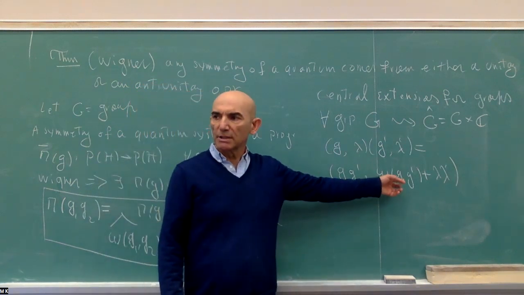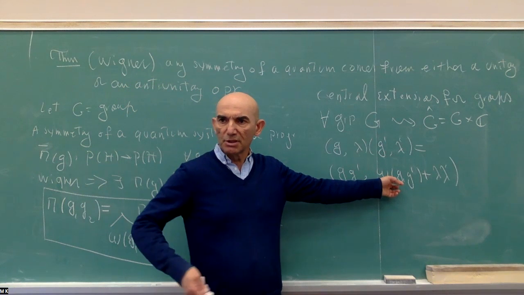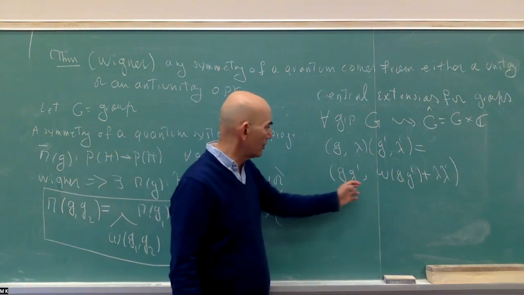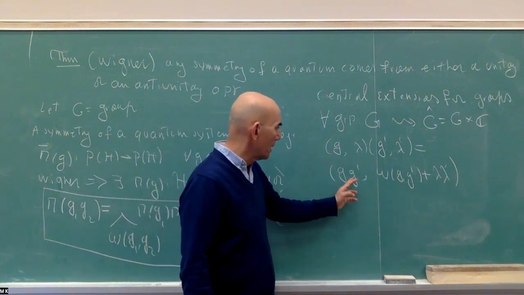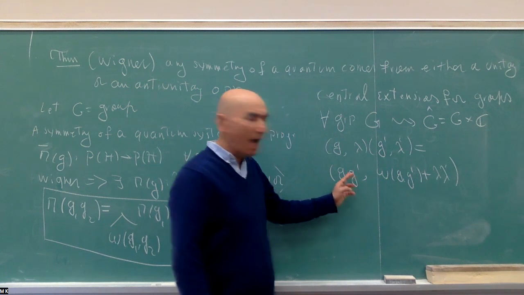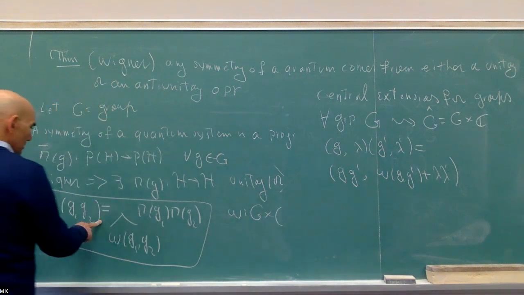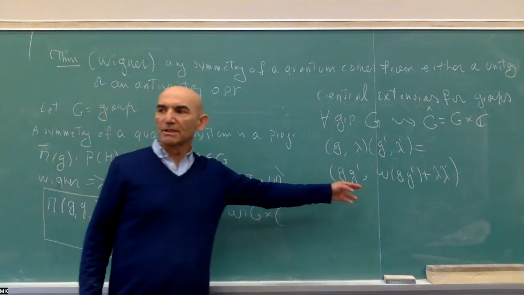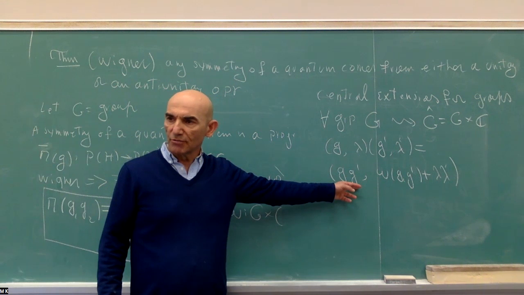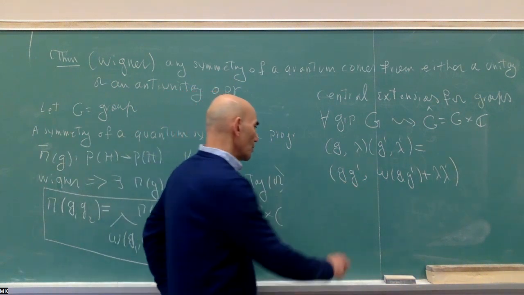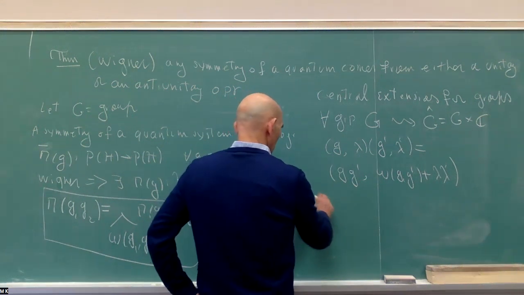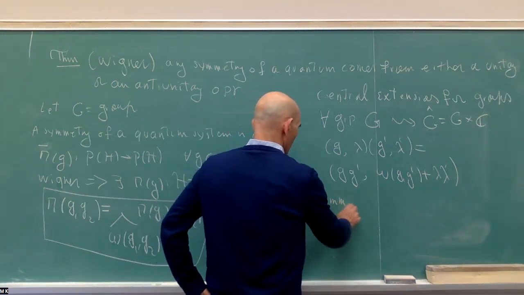Obviously, omega has to satisfy this co-cycle condition that I don't derive now, but you can find it in the literature. So what happens is that the projective representations in this sense are the same as representations of the central extension. So this is maybe a lemma you can prove.